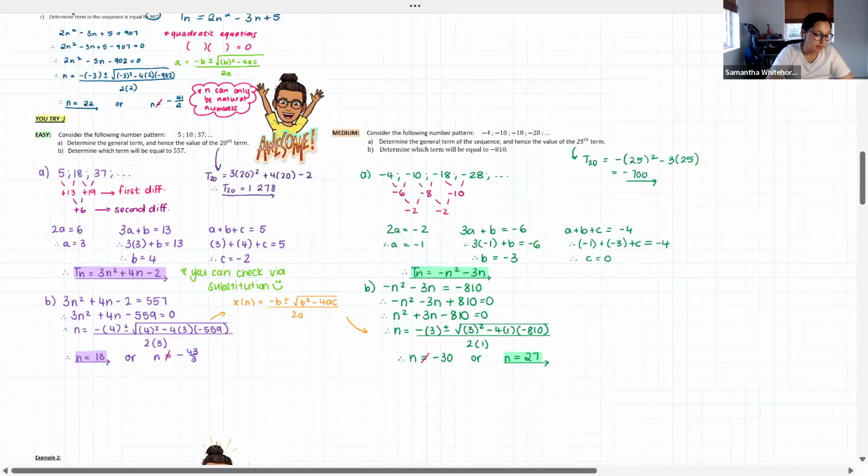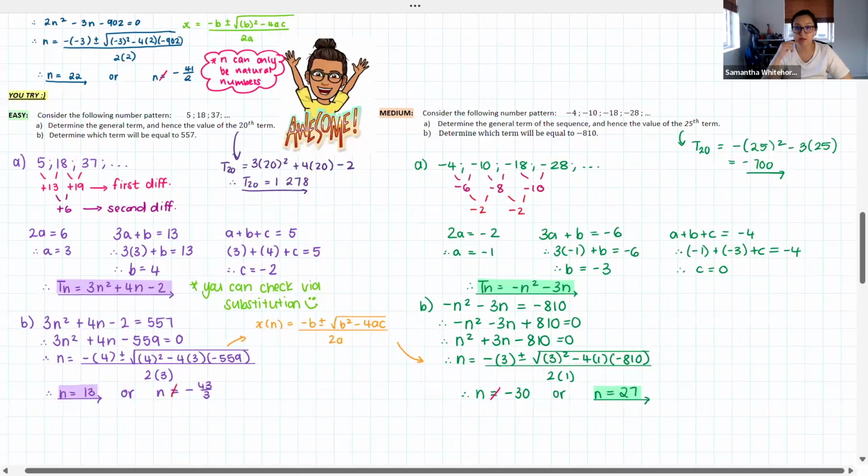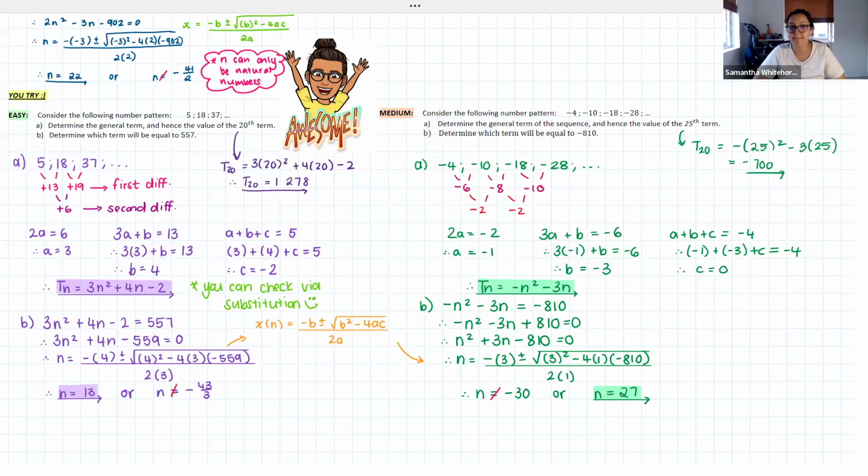All right, nice. How did we find those two? I'm just going to leave that up so you can screenshot. Were they fine? Did anyone do the medium one? Did we all do the easier one?